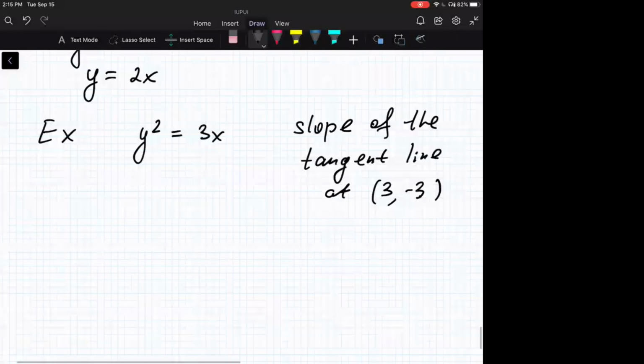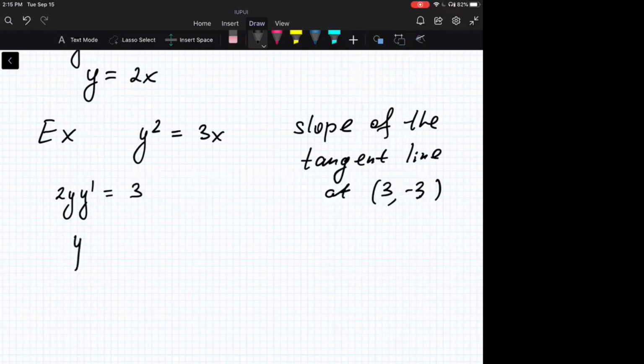Again, what we can do, we can use our strategy. So 2y y prime is equal to derivative of the right hand side, which is just 3. I will do it slightly fast, but I think you understand what I'm doing using, again, implicit differentiation. So y prime will be 3 over 2y.